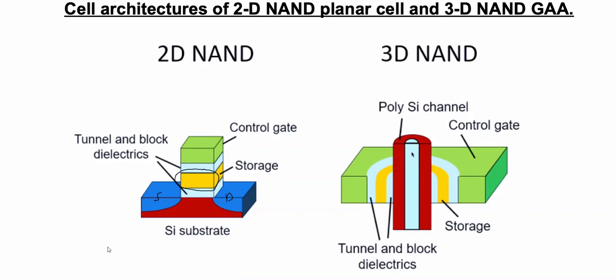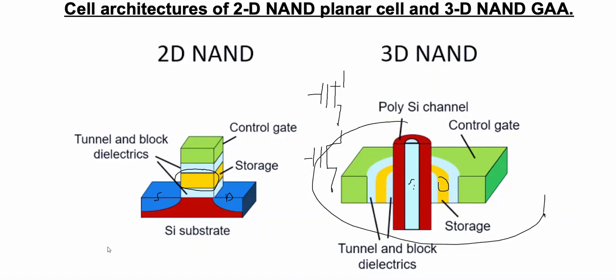In a vertical device, this is the silicon conductor, and this is the storage gate. And that's why, if this is a single cell, we can stack them. We can put one on top of another and make a vertical integration. So by making a vertical device, we can stack them vertically.